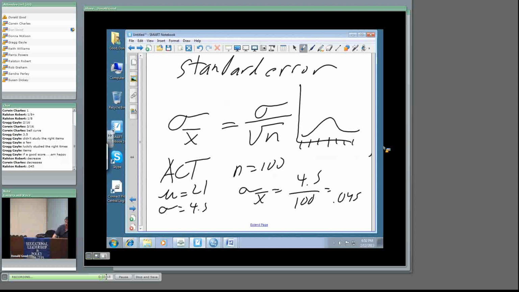So one standard error above would be 0.45. Two standard errors above would be 0.9, and so forth. Remember, our standard error is less than our standard deviation because we're dividing by a number. But I can go out +1, +2, and +3 standard errors, and we'll see examples of that a little later, just like I can go out 1, 2, and 3 standard deviations from the mean.